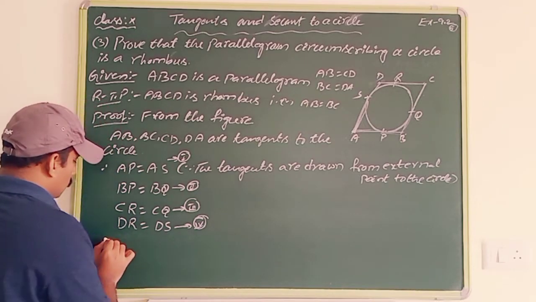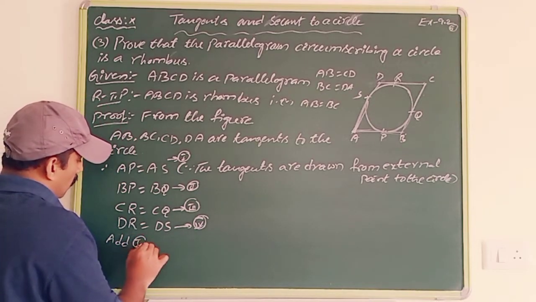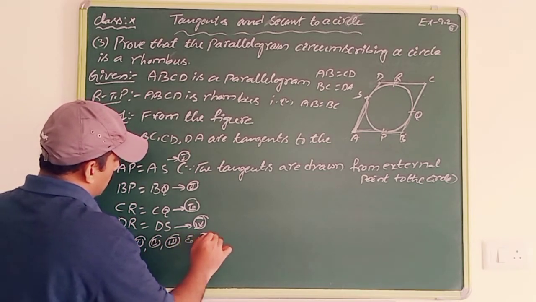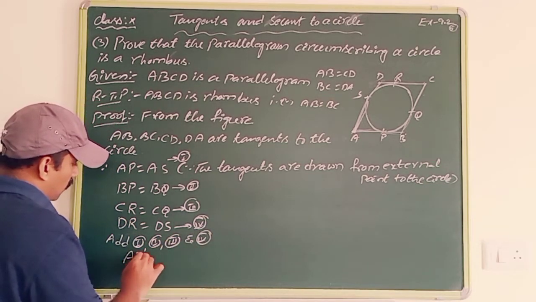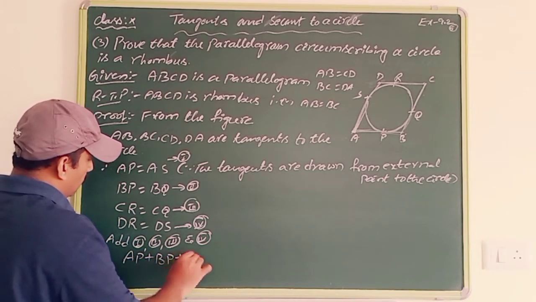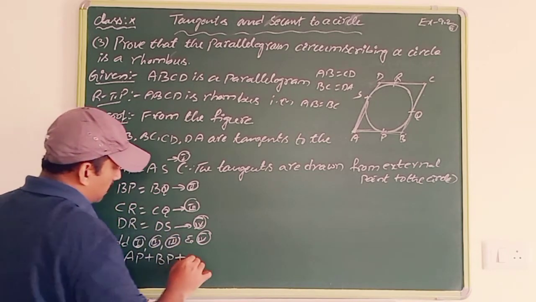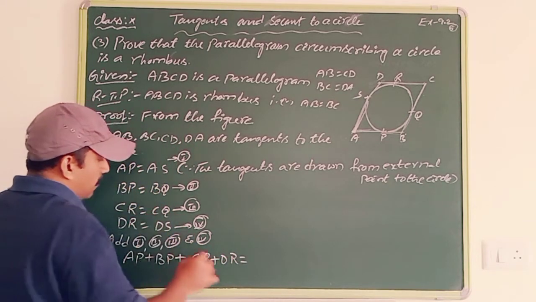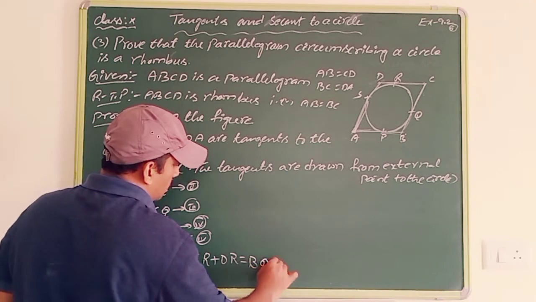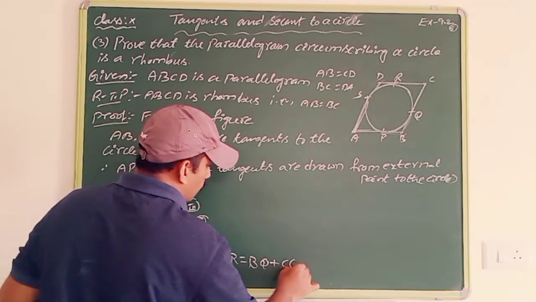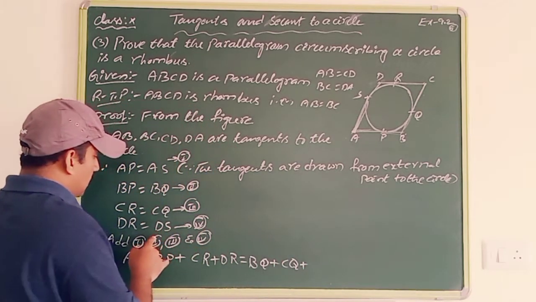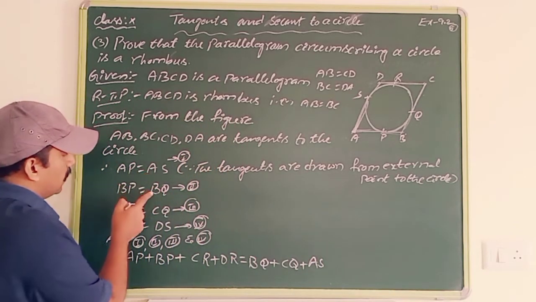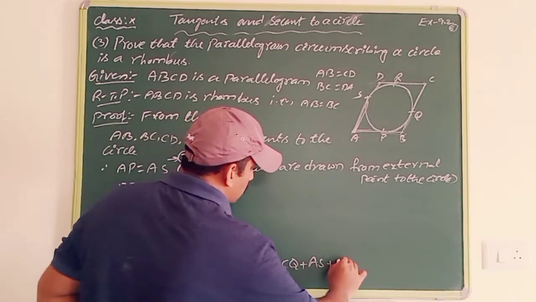So adding 1, 2, 3, and 4, we have AP plus BP plus CR plus DR equal to, on this side, BQ plus CQ plus AS plus DS.